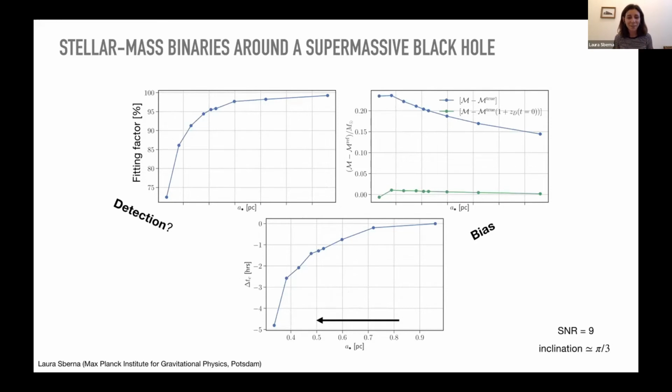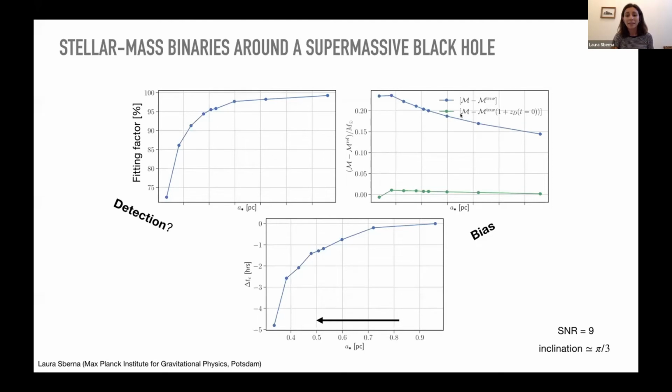Of course, as I mentioned before, there is also a bit of a dark side, because we find that if you try to detect or analyze that same signal with a vacuum waveform, so if you were not aware that these environmental effects were possible at all, then you might lose SNR, as you can see in the panel on the left.